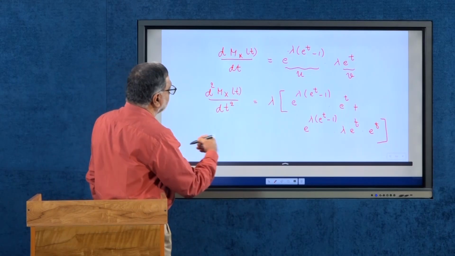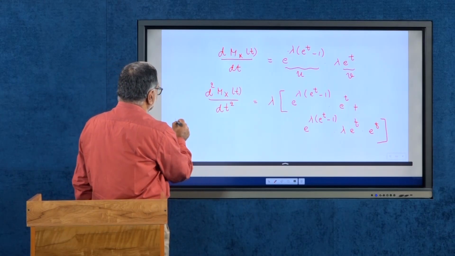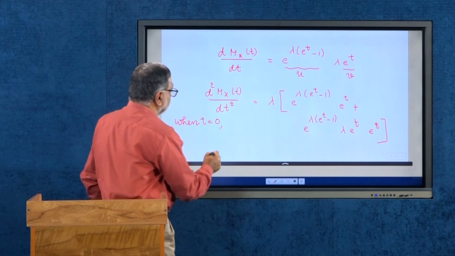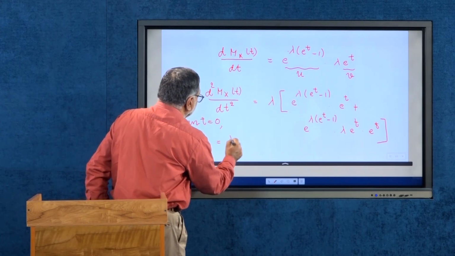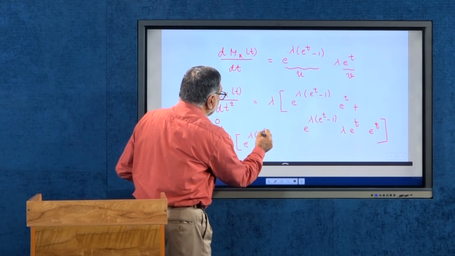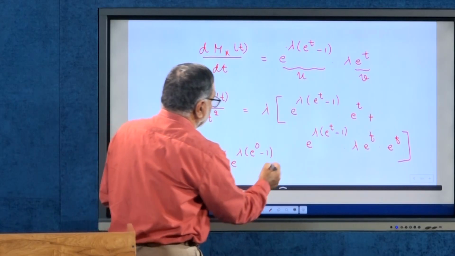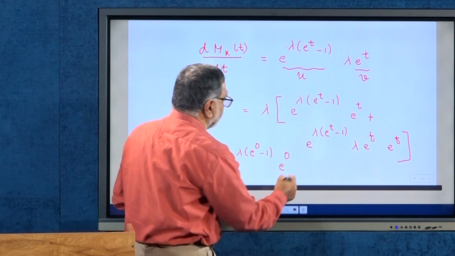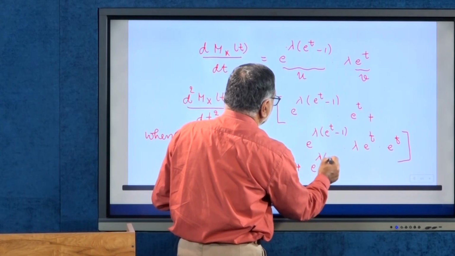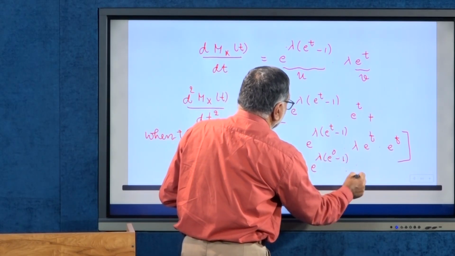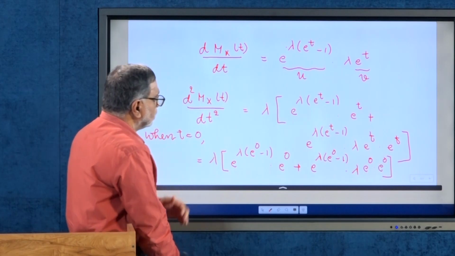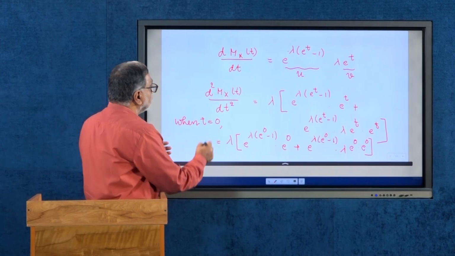When t is equal to 0, this is equal to lambda into e power lambda (e power 0 minus 1) into e power 0, plus e power lambda (e power 0 minus 1) lambda into e power 0 into e power 0.